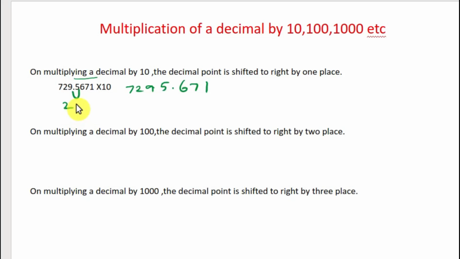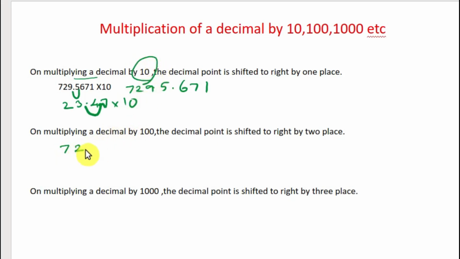2 into 10. Here, the decimal point is shifted from here to here, one place, on multiplying the decimal by 10.